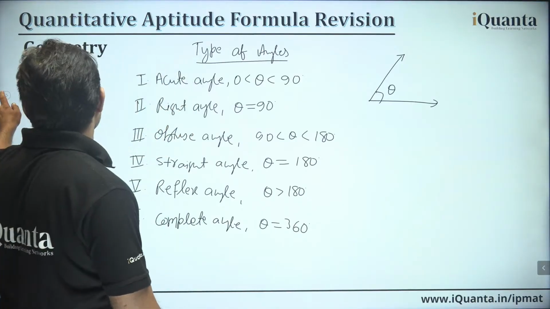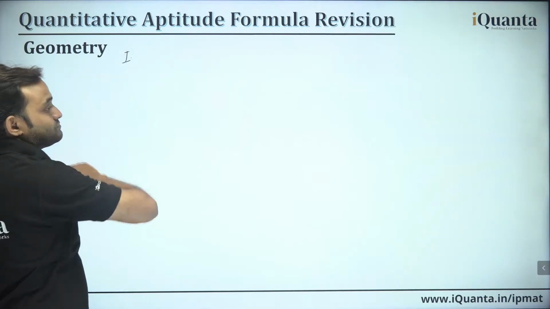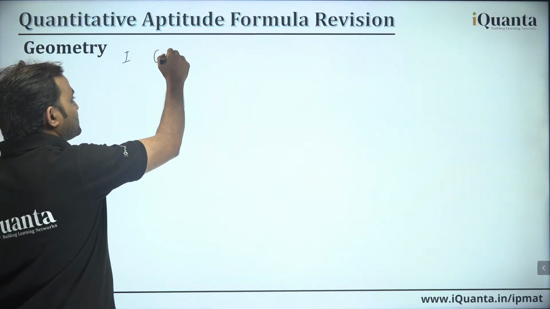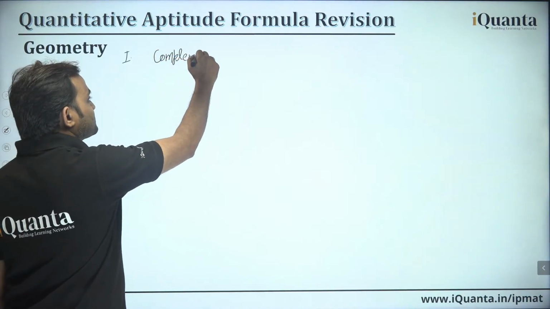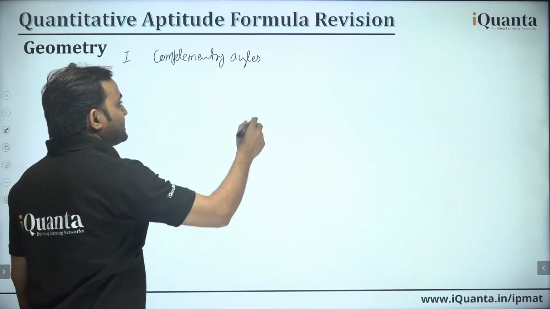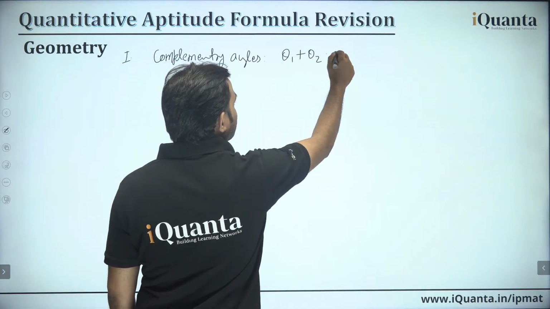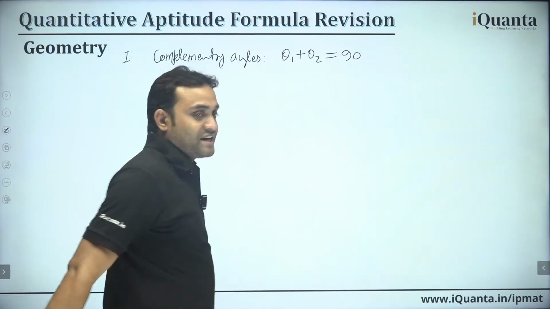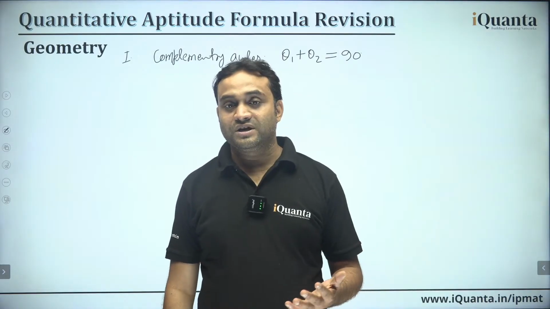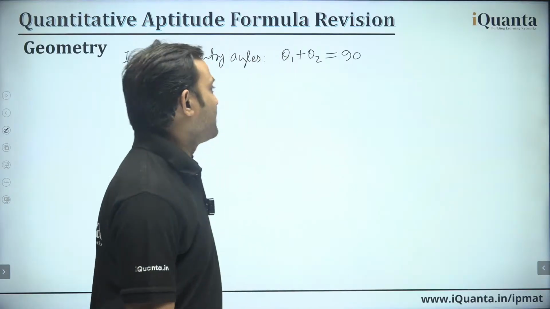Now after this, if we talk about the combination of angles, one of them is complementary angles. In case of complementary angles, if there are two angles, theta 1 and theta 2, and their sum is equal to 90 degree, then these two angles are known as complementary to each other. Theta 1 is complementary to theta 2, theta 2 is complementary to theta 1.